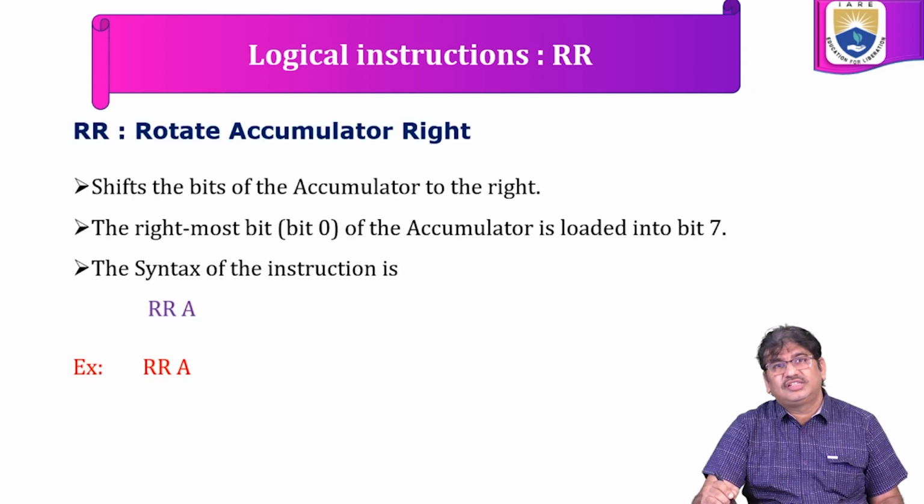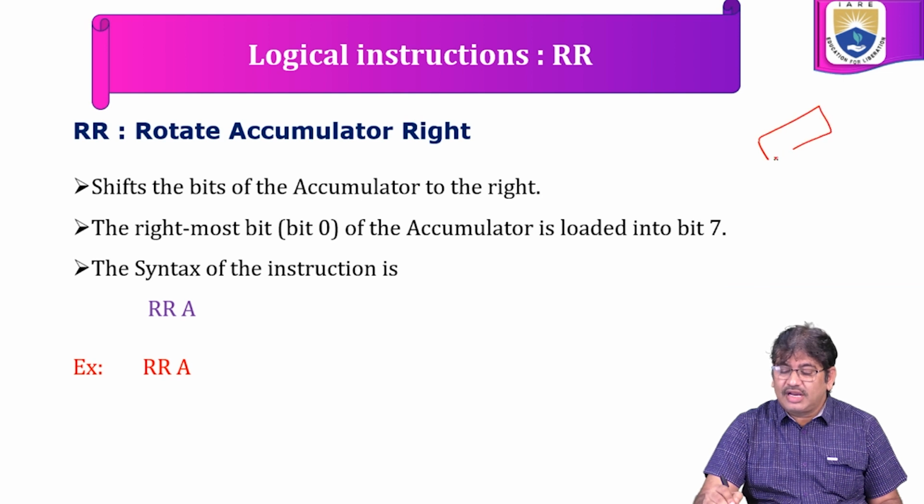The next instruction is RR, which is rotate accumulator right. This instruction shifts the bits of the accumulator to the right. When the accumulator contents are shifting towards the right side, the LSB bit, which is bit 0, will be moved to the carry flag. Bit 1 will be moved to the LSB position.